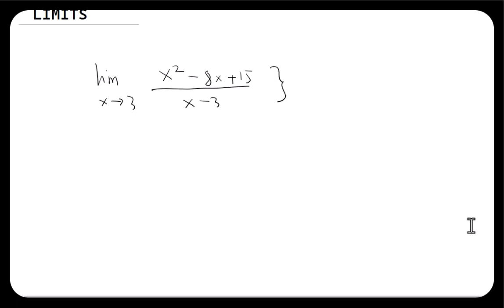Now you realize that when you substitute x equals 3 into this function, you have a 0 over 0 result, and this result is termed the indeterminate form. What it means is that the value of the limit is not clear, so you would have to simplify the algebraic expression, express it in the simplest form before you can do the substitution. Now let's jump right into it.